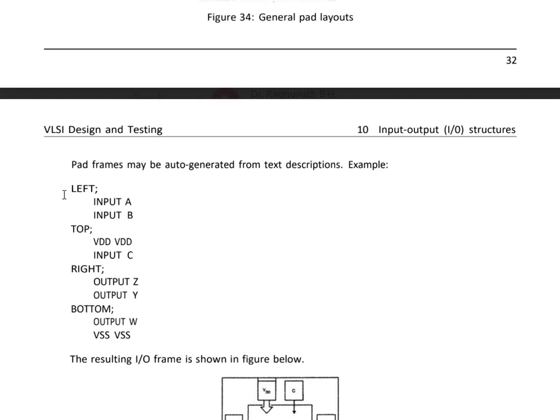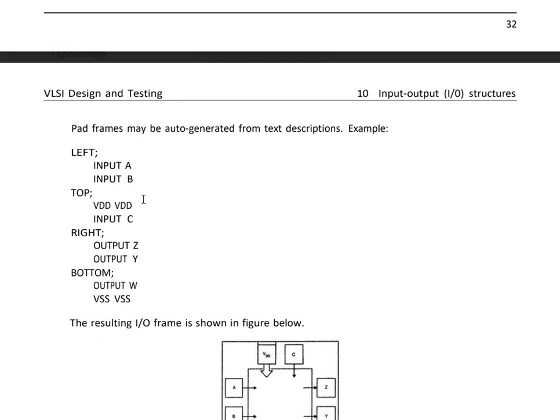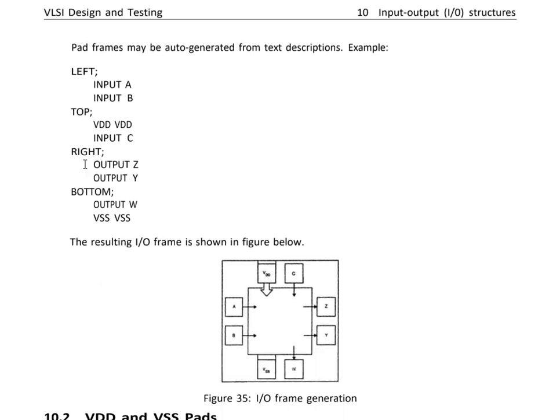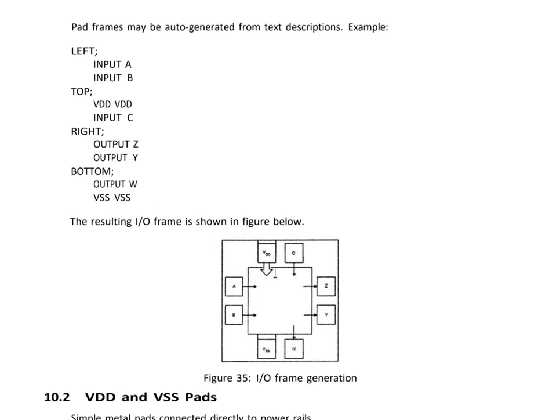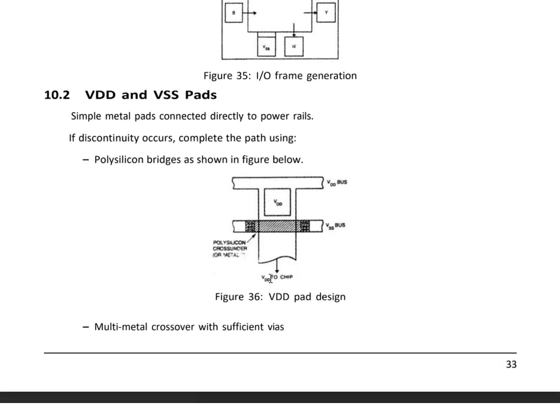This is the auto-generated code from a text description, that is you have to mention what is present at the left, that is input A, input B, and at the top is VDD, and then input C, and right and bottom. You have to mention what the IO frames are in each direction, and this is the IO frame generation.